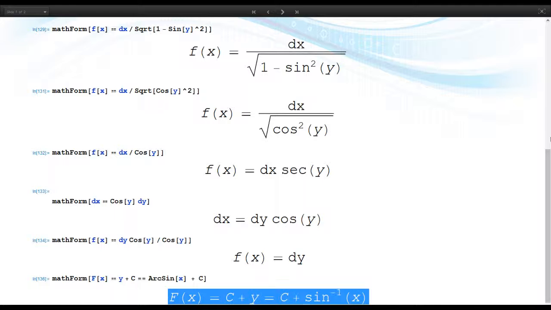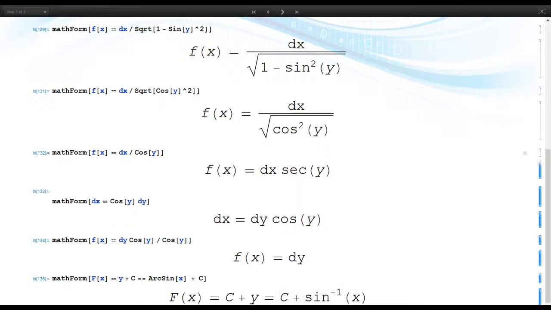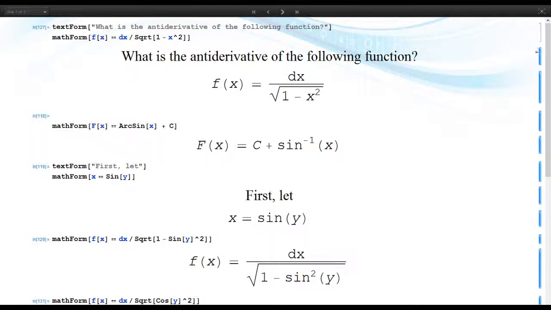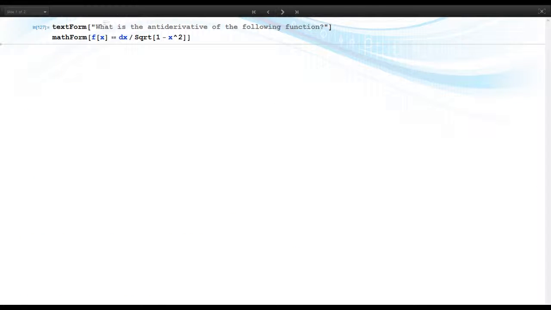Okay, let's do one more integral, and then we will wrap up the live stream. So, evaluate the integral, and our integral will be, how about, I'll have to figure out how to do an integral symbol in Mathematica.